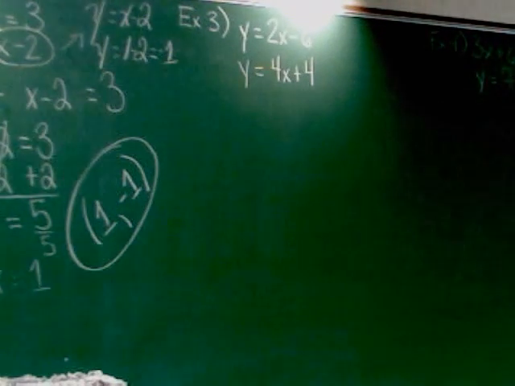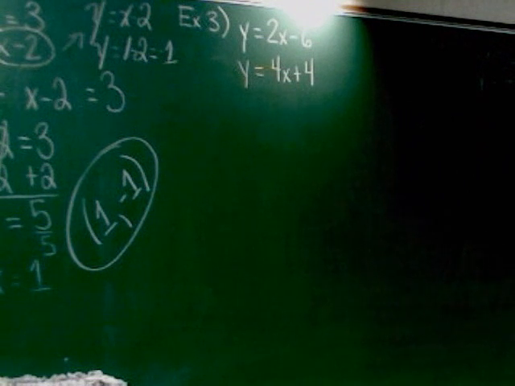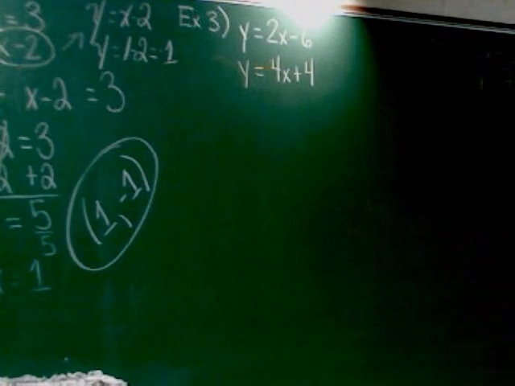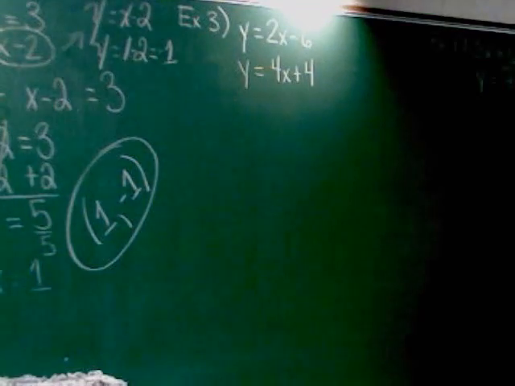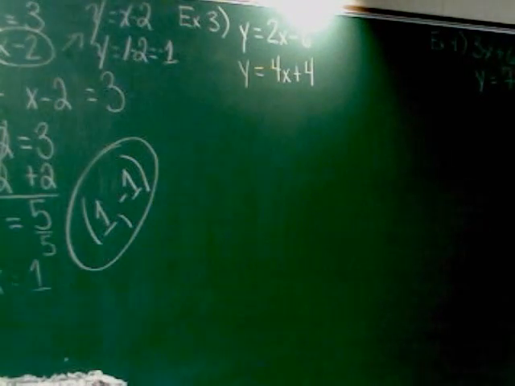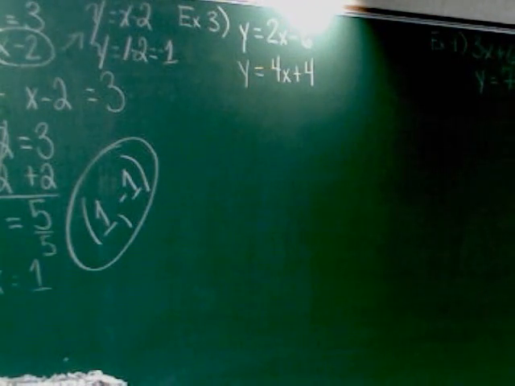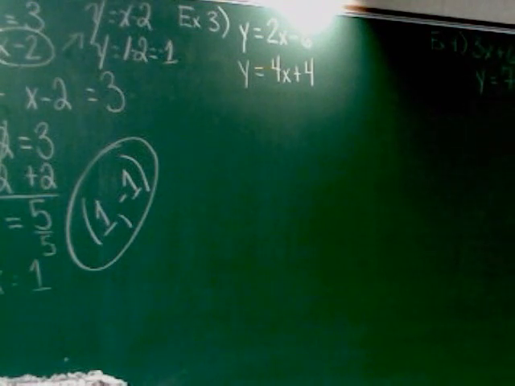All right, now example 3 is a little bit different. We've got y equals 2x minus 6, y equals 4x plus 4. Now in this one, you can choose.